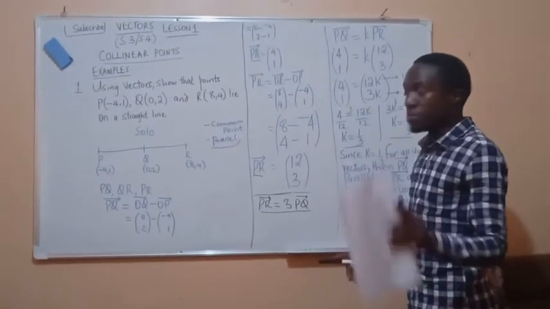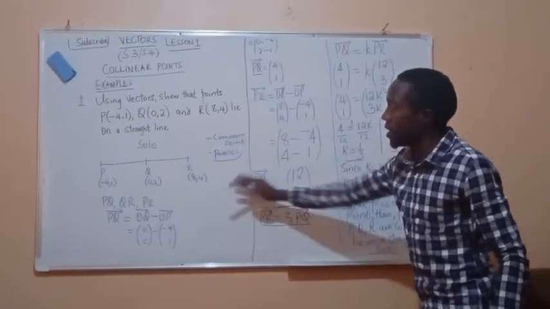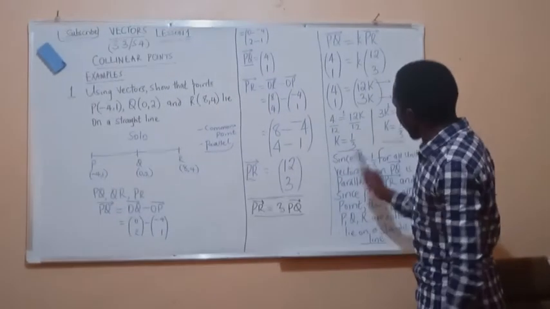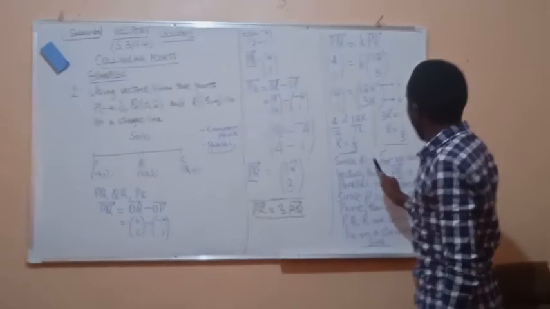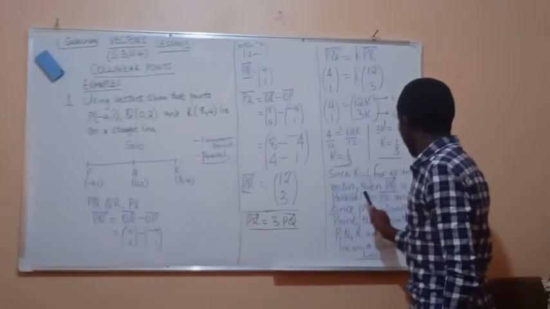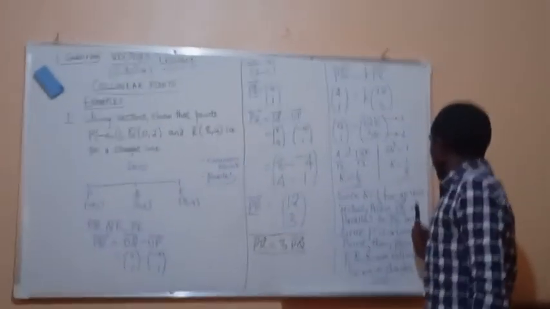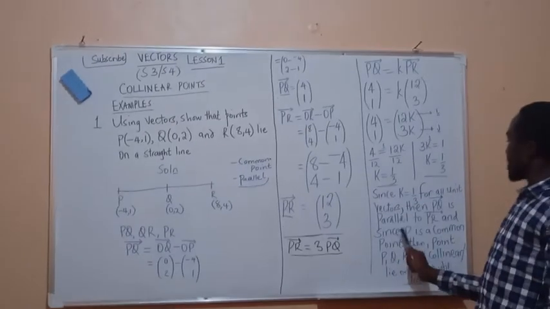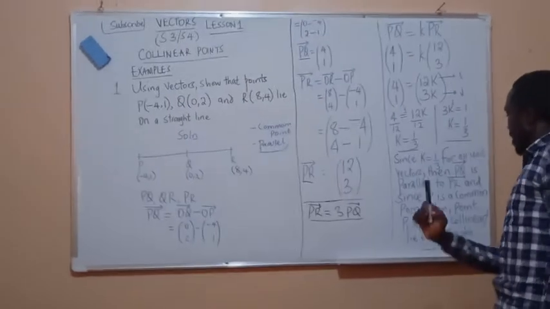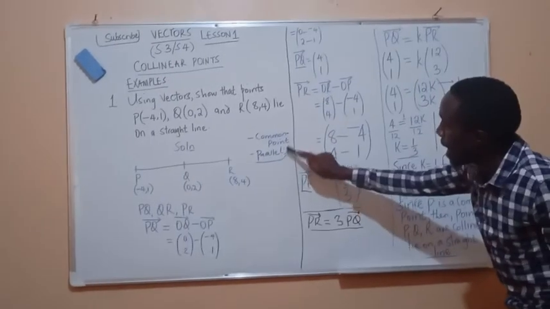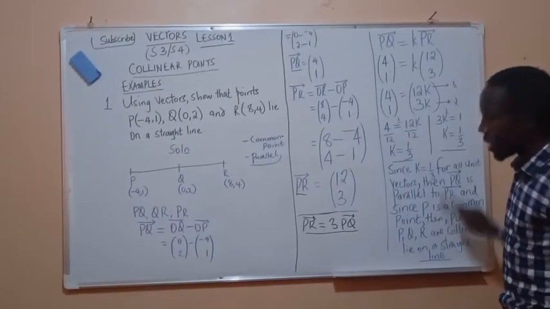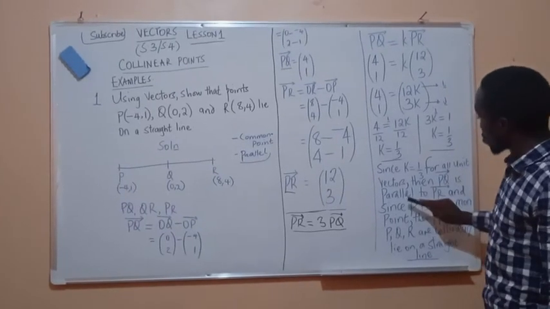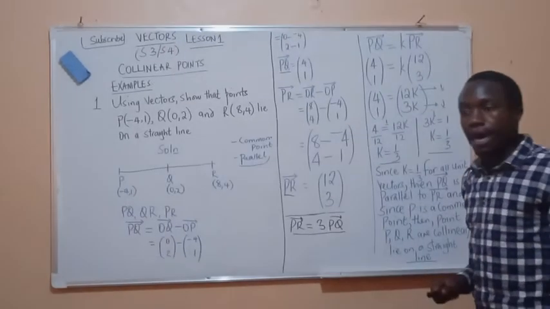No, they are not, because you are describing the processes you've gone through. You found that k is a third for all unit vectors, so PQ is parallel to PR. And also you found that since P is a common point, all those conditions are concluded and summarized here. So this conclusion will carry a mark.